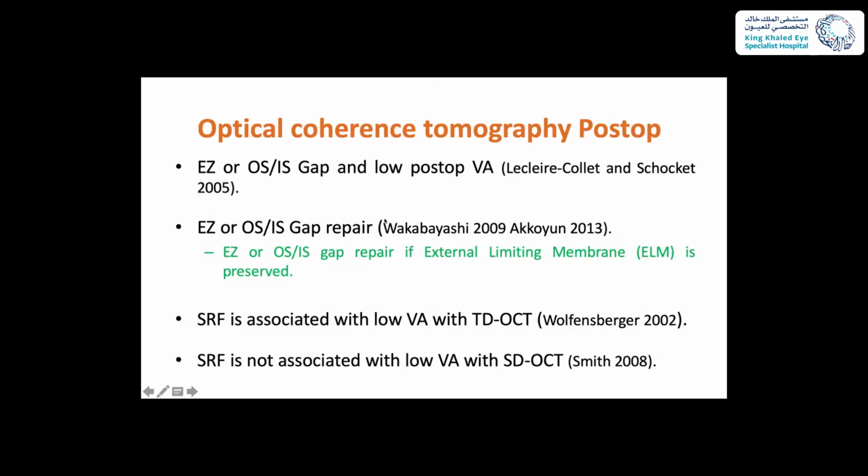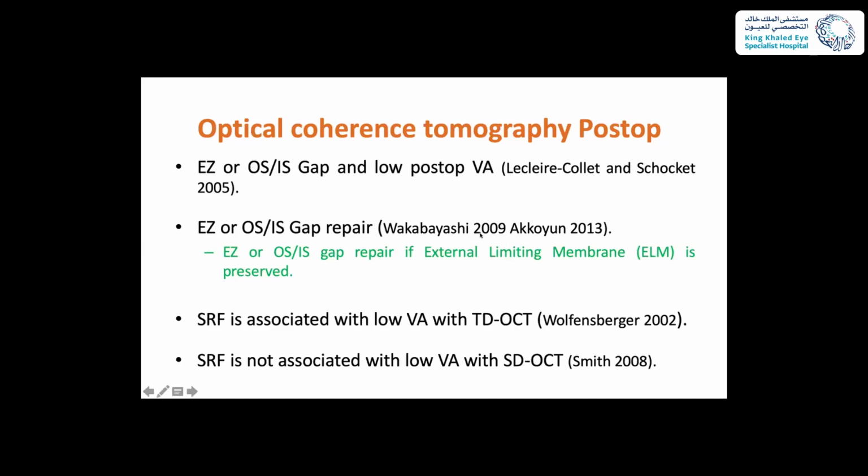But the one who makes a little step on this feature is Wakabayashi and co-workers, because he explained that the patient can repair this ellipsoid zone if the external limiting membrane is preserved during the surgery. It means that we not only can assess for low visual acuity, but also can observe and ascertain progress in the performance of the patient.